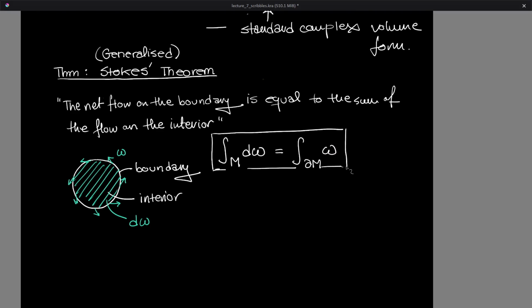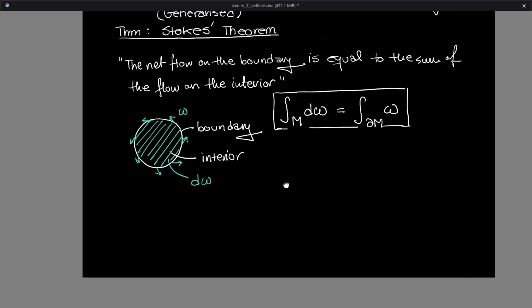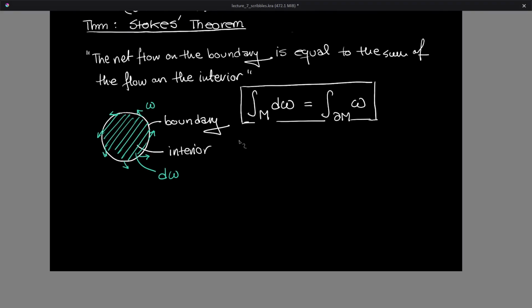So what is the boundary? Let's talk about boundaries right now. What is a manifold with a boundary? A manifold with boundary. So far our manifolds couldn't have had boundaries, right?